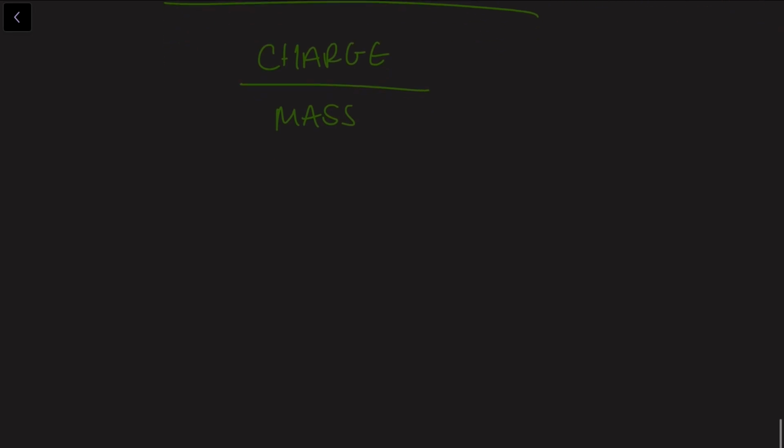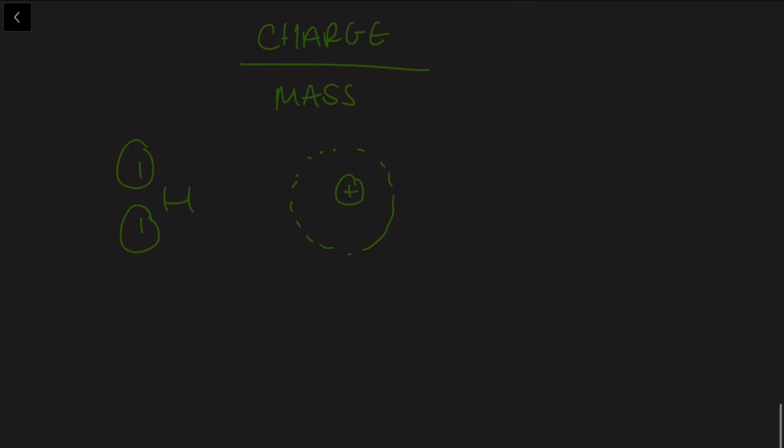So for example, we have a hydrogen-1 nucleus. Okay, so that's just 1 proton. That's all it is, because we know that the bottom number here is 1 as well. The top number is 1. Number of nucleons is 1. Number of protons is 1, so that's all we have. We know that the charge is 1.6 times 10 to the minus 19 coulombs.